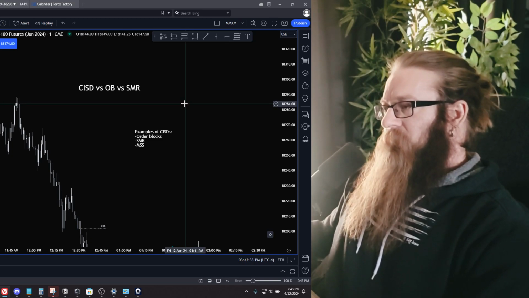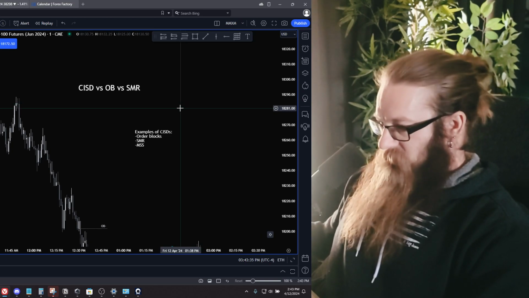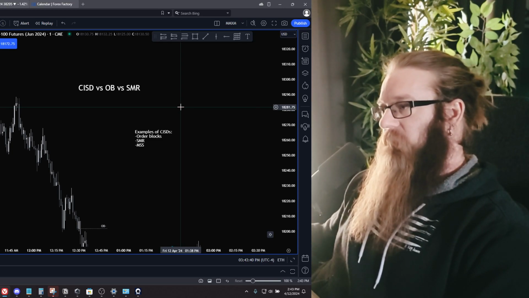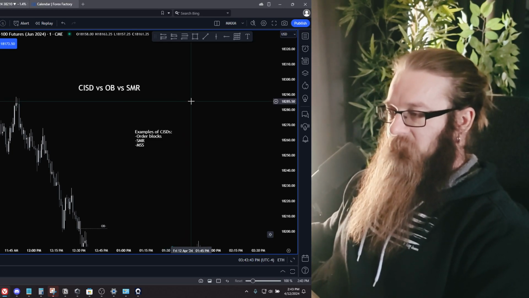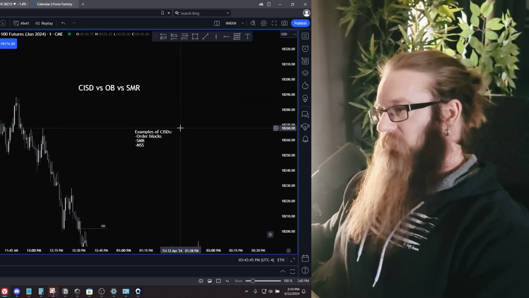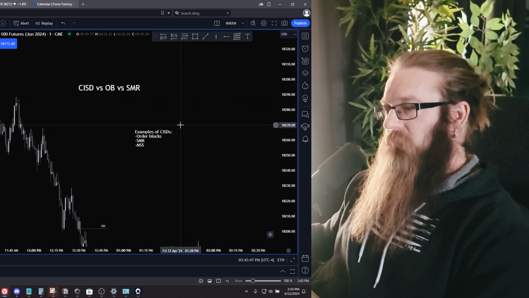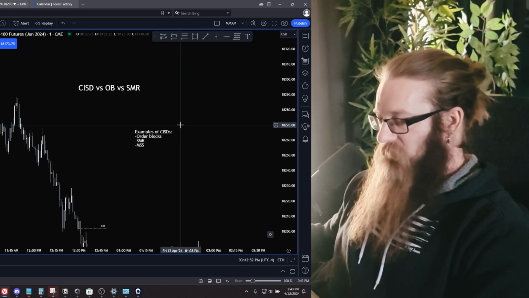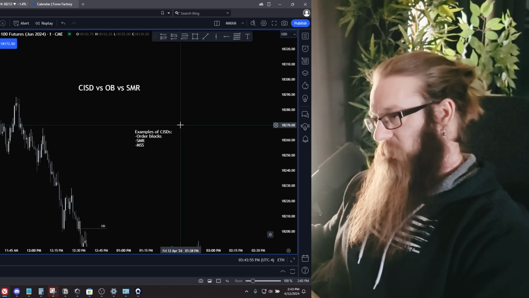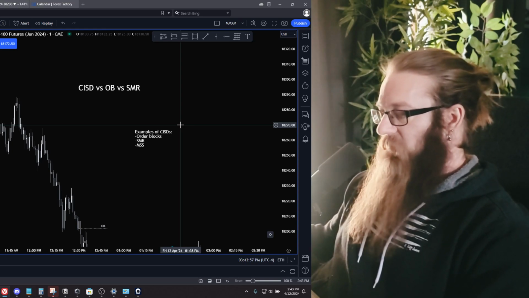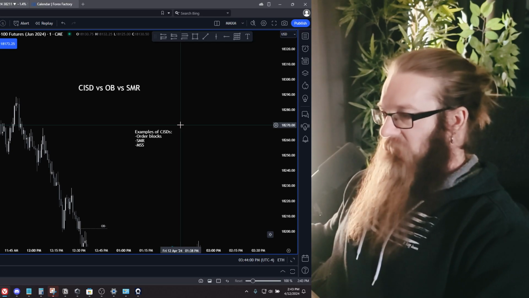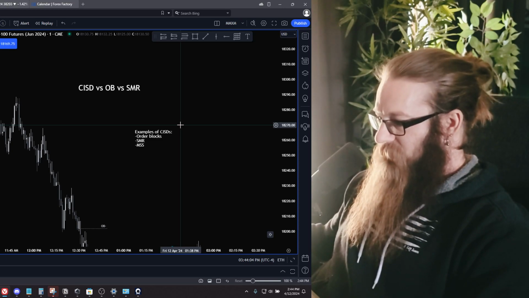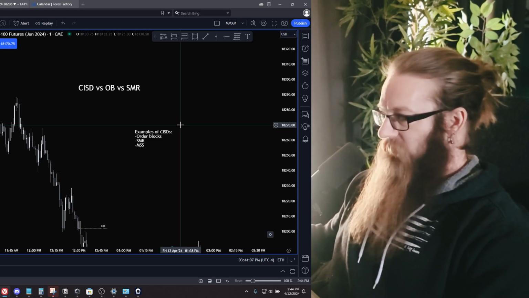So hopefully that's cleared up some confusion, because I know it's taught out there and I just can't find ICT explaining it that way. And I don't know how it ended up developing into that. I understand the want to differentiate order blocks, since they kind of all are separated. An order block is an order block. A breaker block is a different kind. But a CISD is an umbrella term. It's a category of PD arrays that tell you that price is changing, not its own PD array.